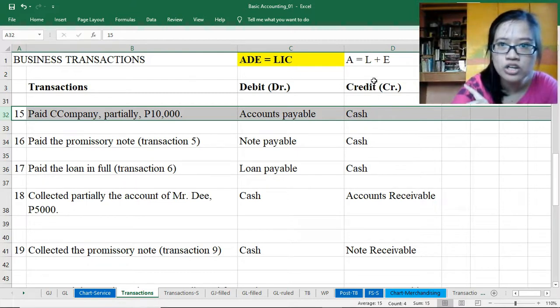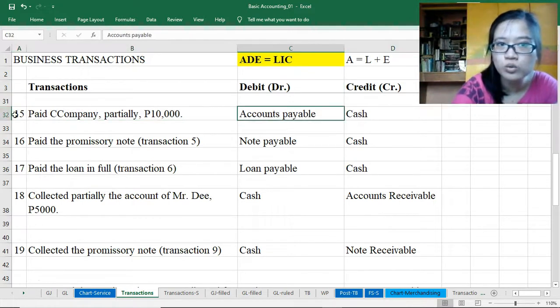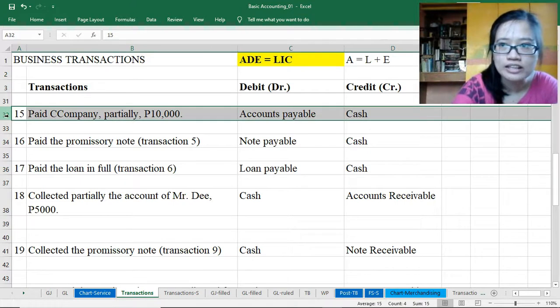Kaya naka-credit yung cash. Tapos, yung liability, di ba, utang, normal side niya, credit. Pero pag binayaran yung utang, ibig sabihin, nabawasan ang utang, magiging debit yung entry natin. Okay? So, kaya siya ay debit to accounts payable. Pag nagbayad ng utang, kabilang side, debit. Nagbayad ng utang, nabawasan ng cash, credit sa cash. Okay?